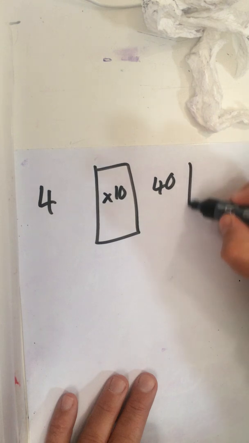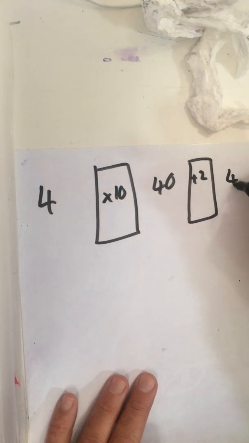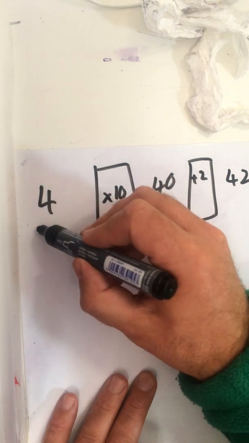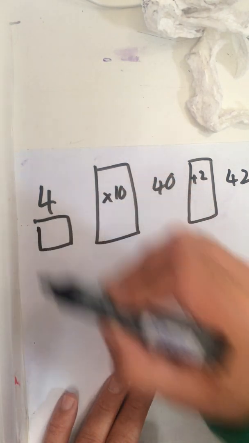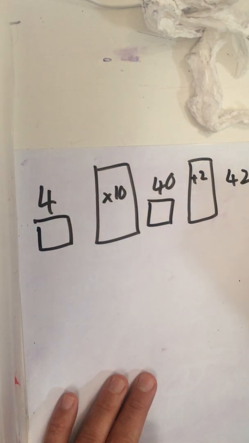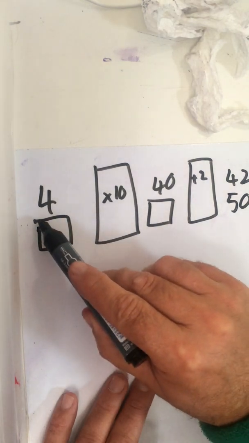And then my next function is plus 2, which will give me 42. Now, there might be a question whereby I don't know what this first number is, I don't know what this second number is, and the third number is 502. Now, can I work out these other numbers?